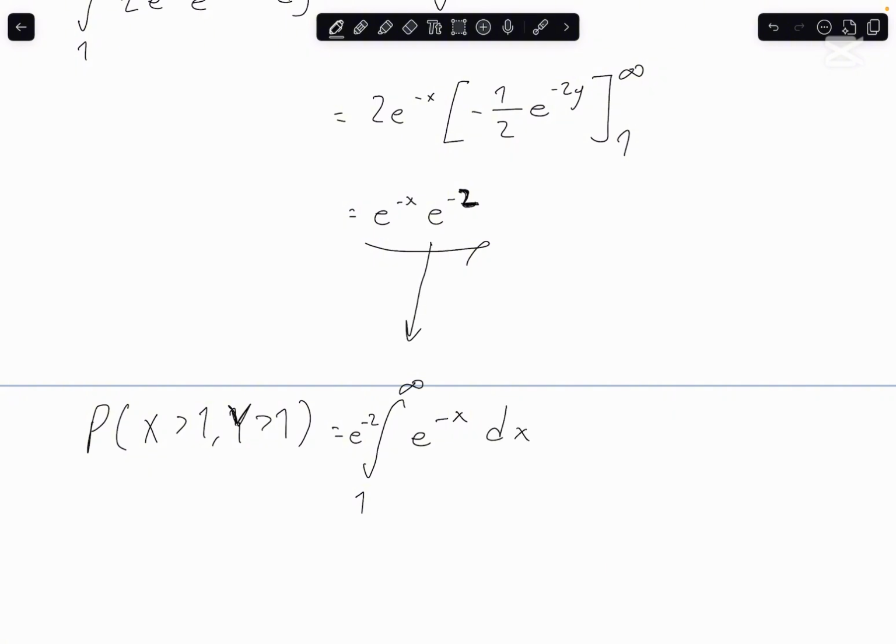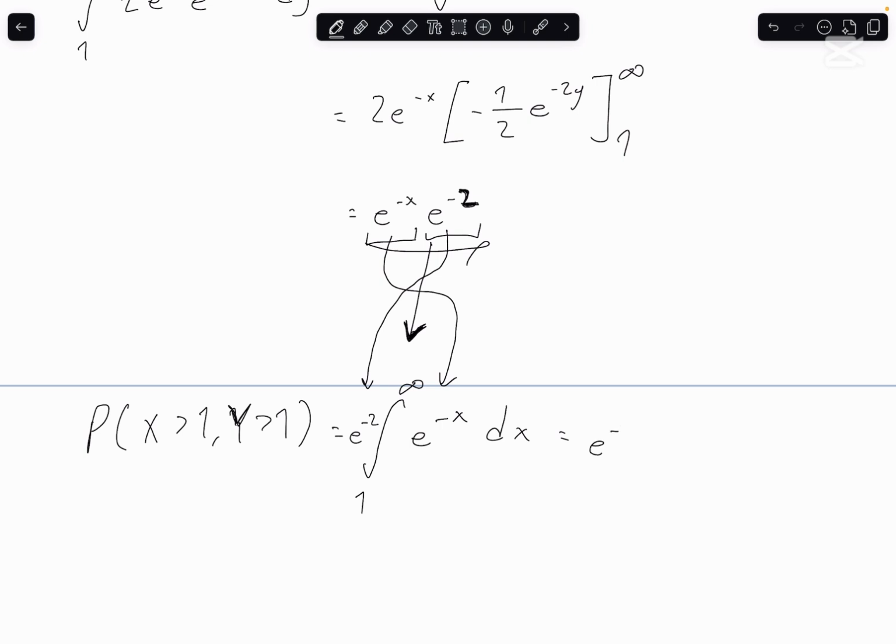I just moved this function into the integral. Since this part is constant, I just moved it to the outside, and this is the part I need to integrate. Okay.